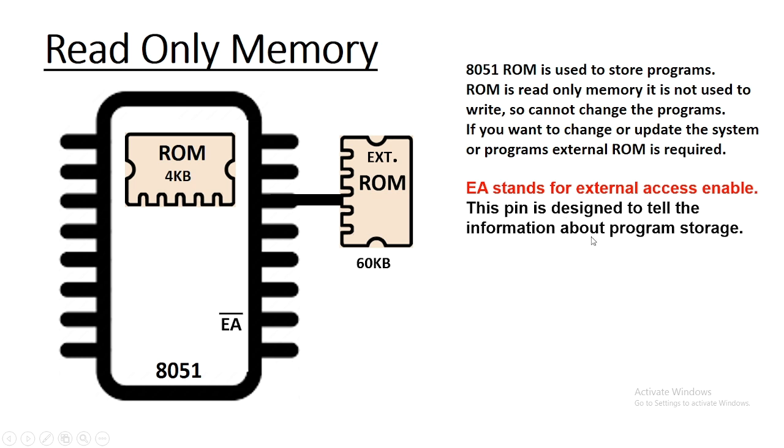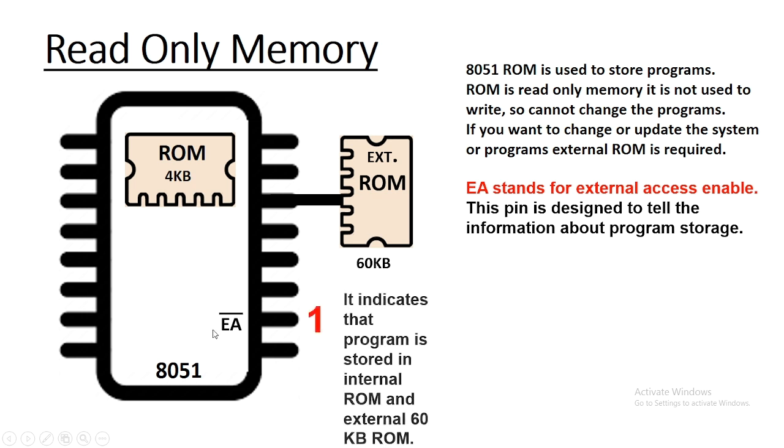This pin is designed to tell where the program is stored, whether in internal ROM or external ROM. So when you are using internal ROM along with external ROM, EA is connected to 1, which indicates that the program is stored in internal ROM and external 60 KB ROM.